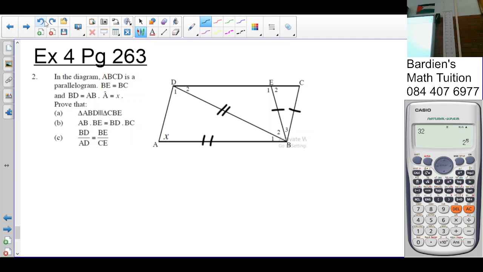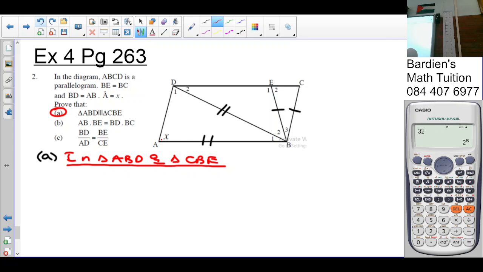Angle A is x. Prove that. So how do we start off? We start off by naming the triangles. In triangle ABD and triangle CBE, we are required to prove that triangle ABD is similar to triangle CBE.